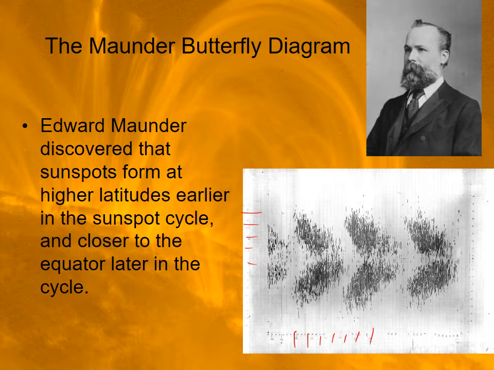And over time, he notices that sunspots at the beginning of a sunspot cycle tend to be at very high latitudes, and as the days or years pass, they get closer and closer to the equator. So the last few sunspots of a sunspot group are right near the equator. He calls these Maunder butterfly diagrams because they vaguely look like little butterflies flying down the graph paper.